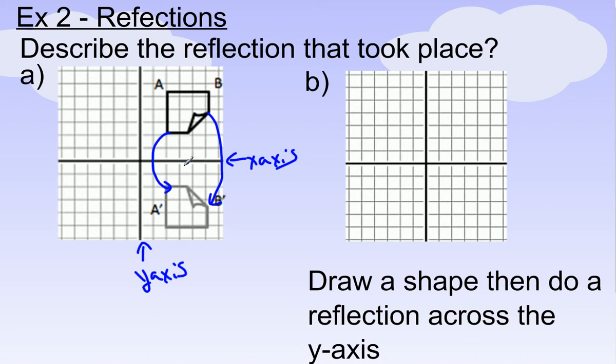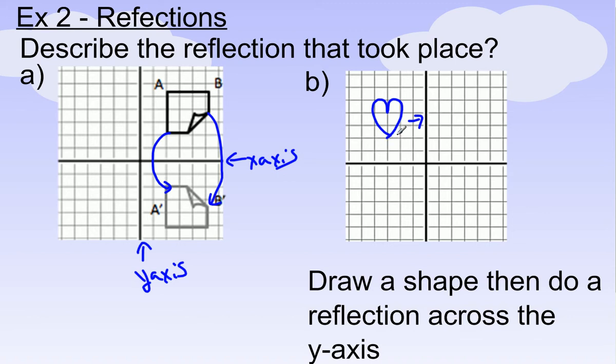So in letter B, what I'd like you to do is draw your own shape and then reflect it across the y-axis. So I'm going to start doing mine right now. Let's see. Maybe I'll do my heart again. There we go. And if I want to reflect this across the y-axis, which is this line, it's going to go that way.